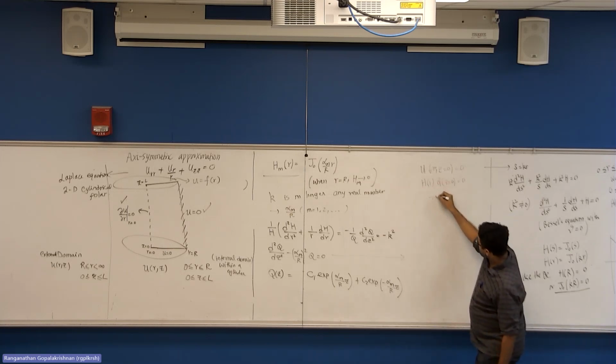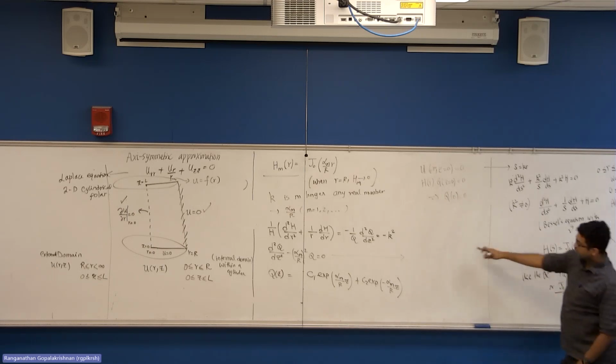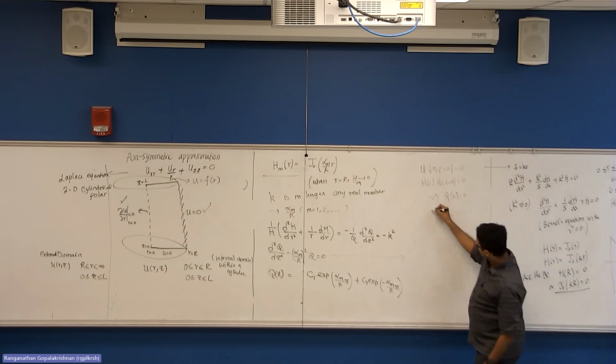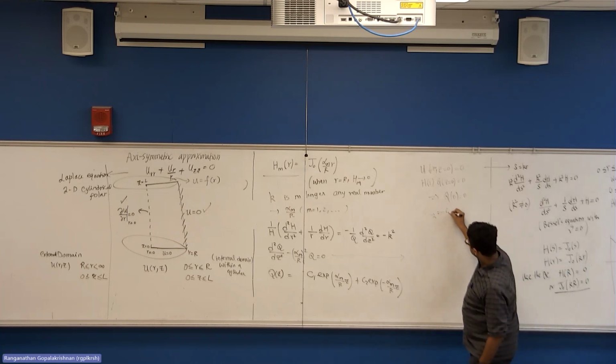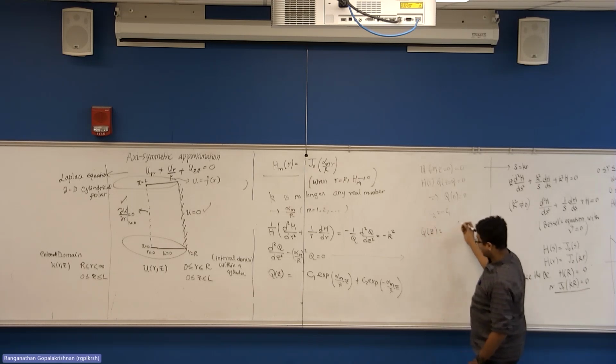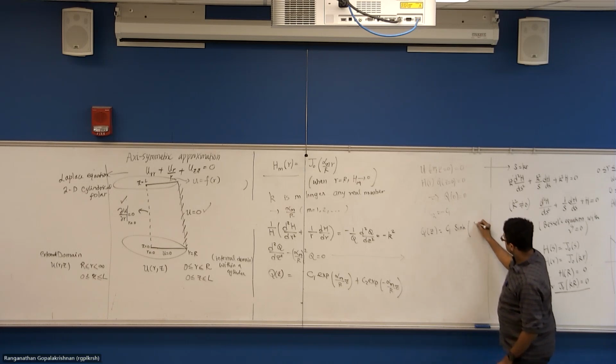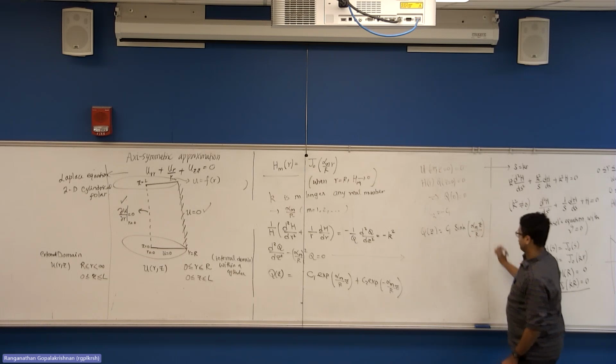So we can pretty much say Q of 0 is 0. Q of 0 equal to 0 should imply C2 equal to minus C1, or Q of Z gets simplified as C1 hyperbolic sine of alpha m Z over R.